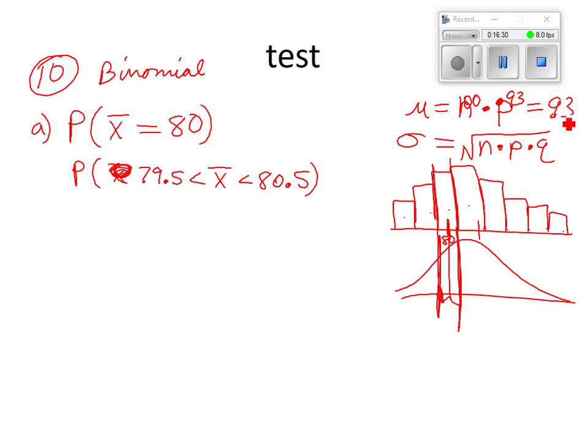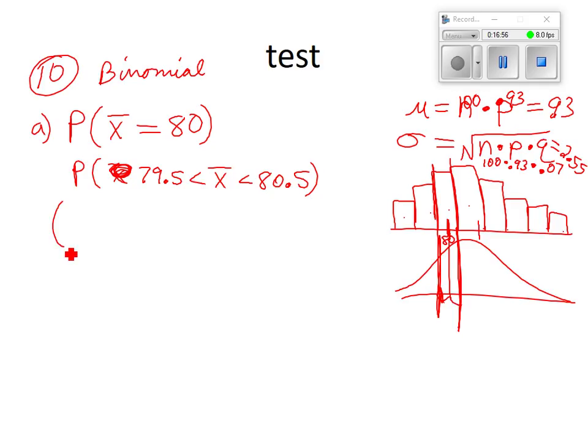And then somebody do this for me. We've got 100 times 0.93 times, if P is 0.93, what's Q? 0.07. The standard deviation is 2.551. I ran out of space there, so we'll just go with that.